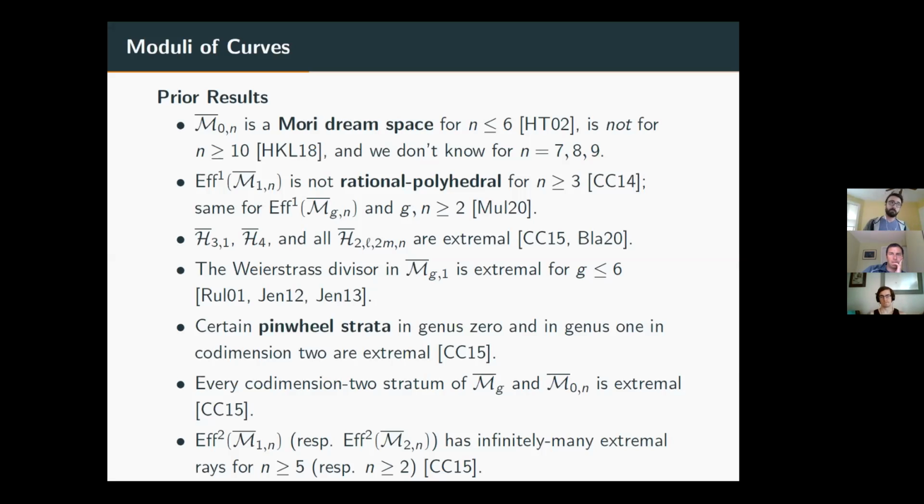The ethos there is that geometrically interesting classes like hyperelliptic loci often end up being extremal, and vice versa: extremal things can be geometrically interesting. So again, there are two directions: fix the cone, or fix the family that you care about. And what I'm going to talk to you about today is really the second kind. I'm looking at a family of things and letting the cones be whichever cones they need to be.